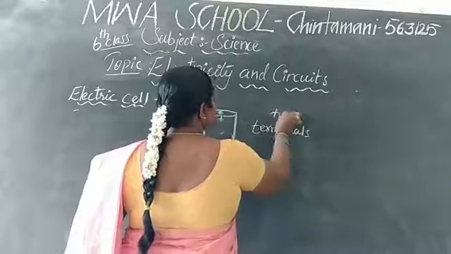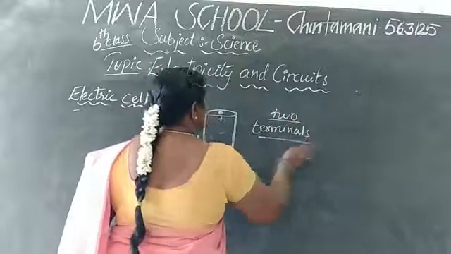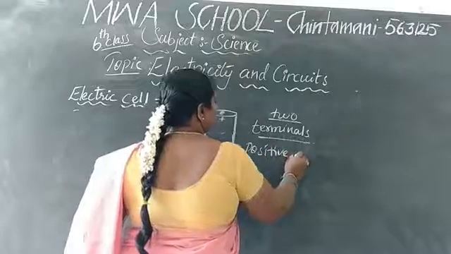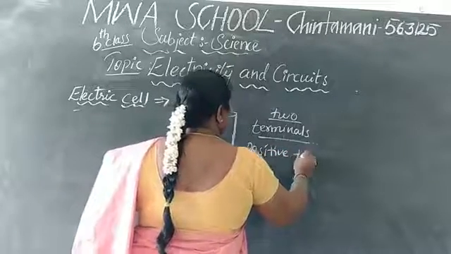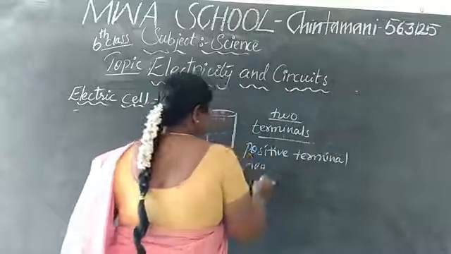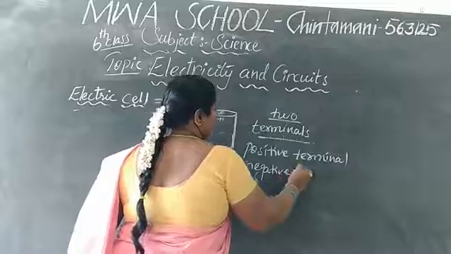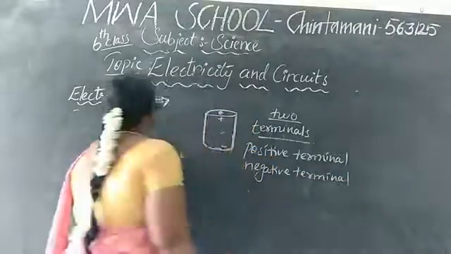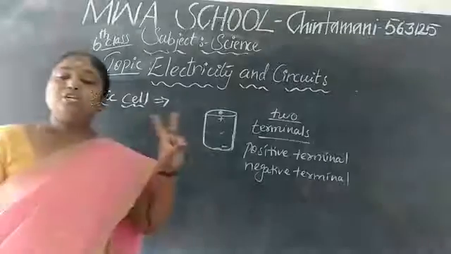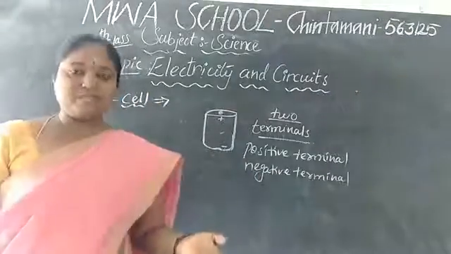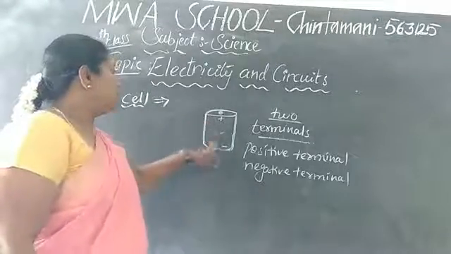How many terminals, children? We have two terminals, the positive terminal and the negative terminal. Each and every battery, that is the cell, has two terminals. One is the positive terminal and the other is the negative.